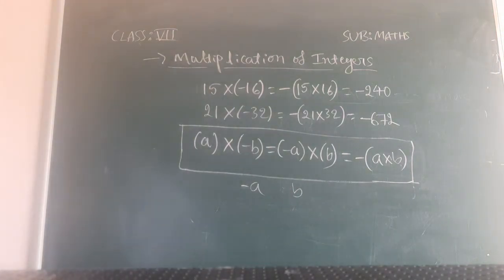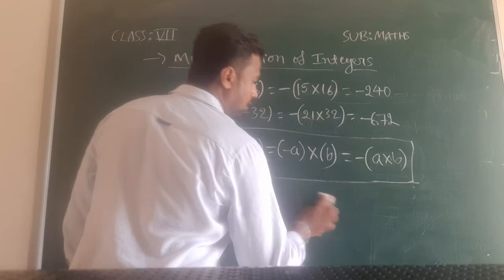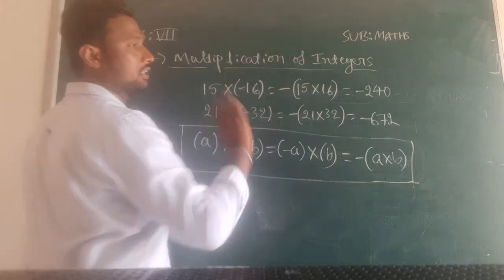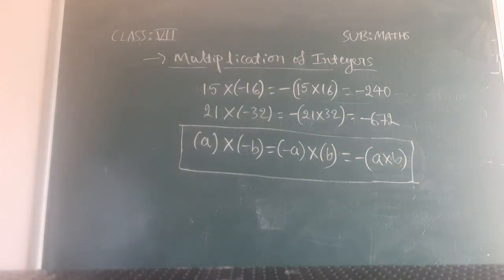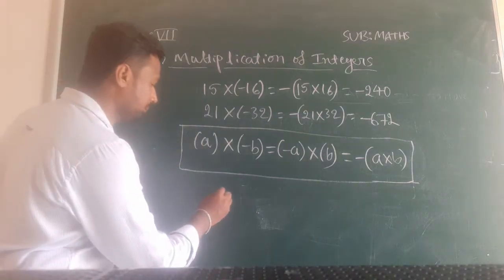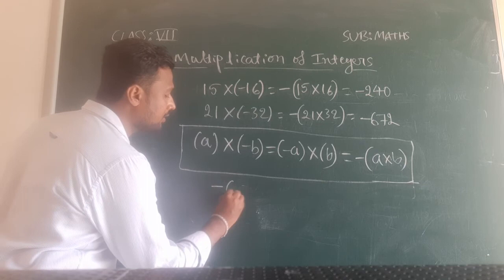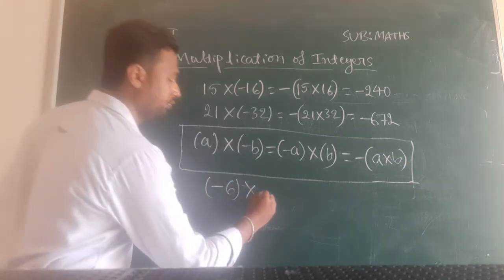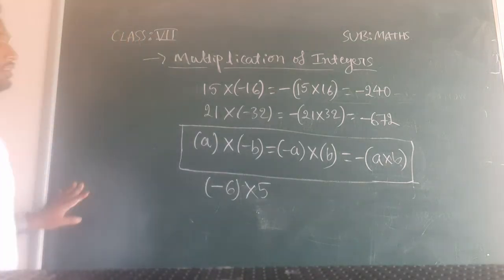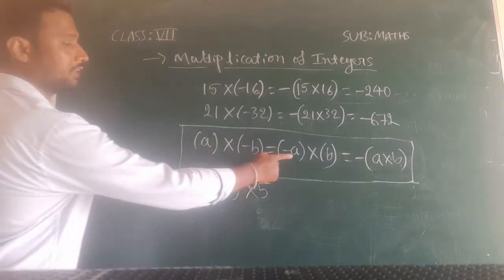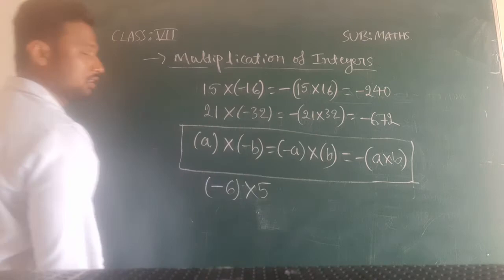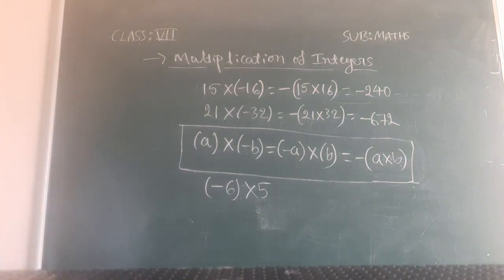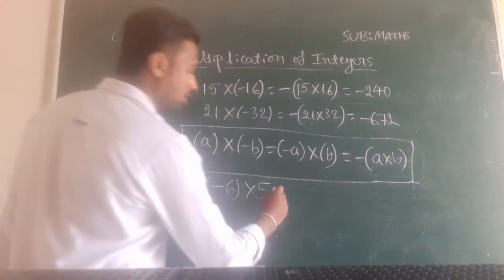Just now I told you, in these two examples b is a negative integer. Sometimes a may be a negative integer. For example, consider minus 6 into 5. You can see here the a value is a negative integer, b is a positive integer.